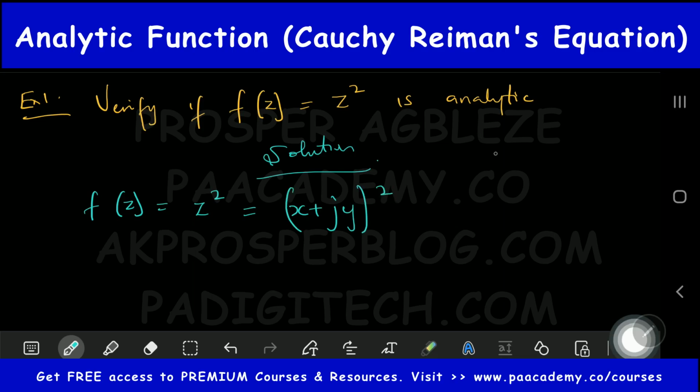Okay, so if you are dealing with this, your z simply is your x, which is the real, plus the imaginary. It can also be in the form of a plus jb. Okay, so that's just by the way.